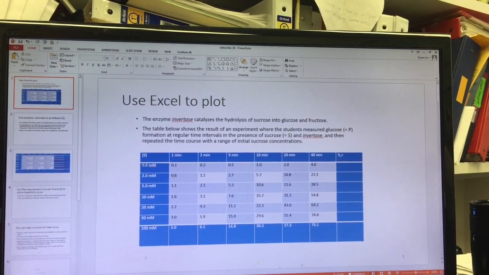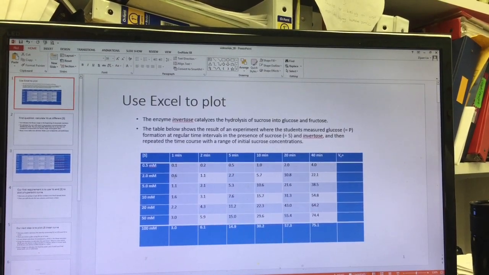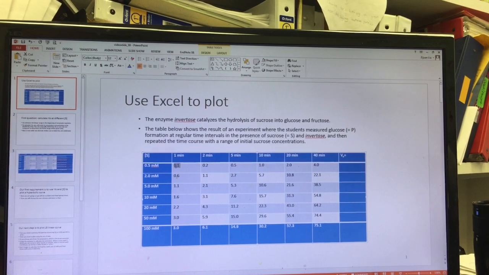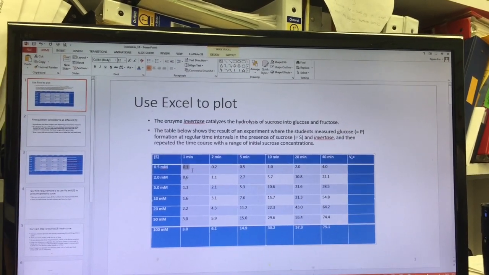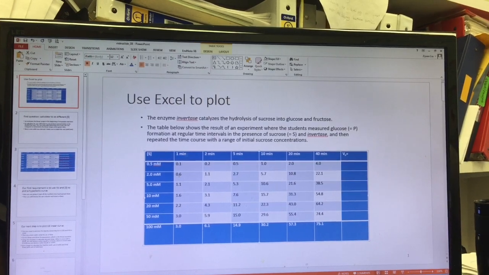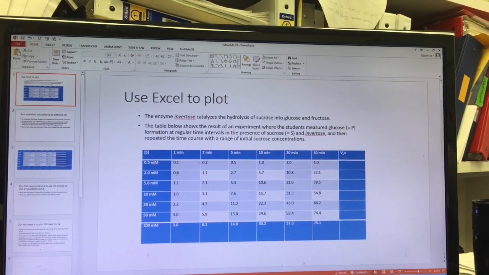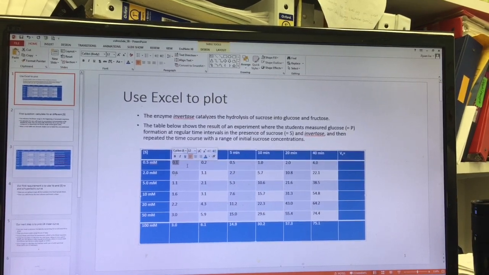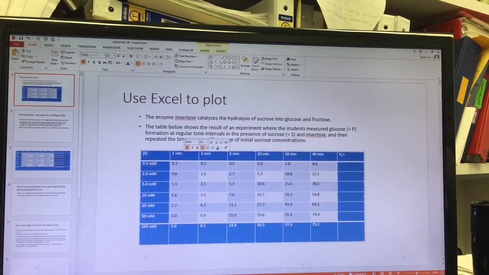So for our very first value, the initial velocity is, by definition, the amount of product produced in millimolar divided by the time. So for our first one, we have 0.1 millimolar of glucose produced in 1 minute.